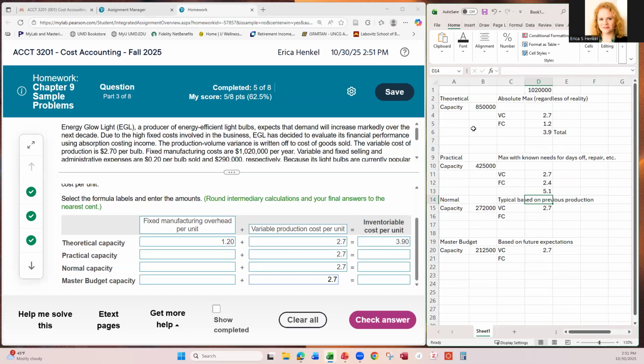So that's going to get us 5.10. And then let's just copy this down here and do the same thing again, and here too.